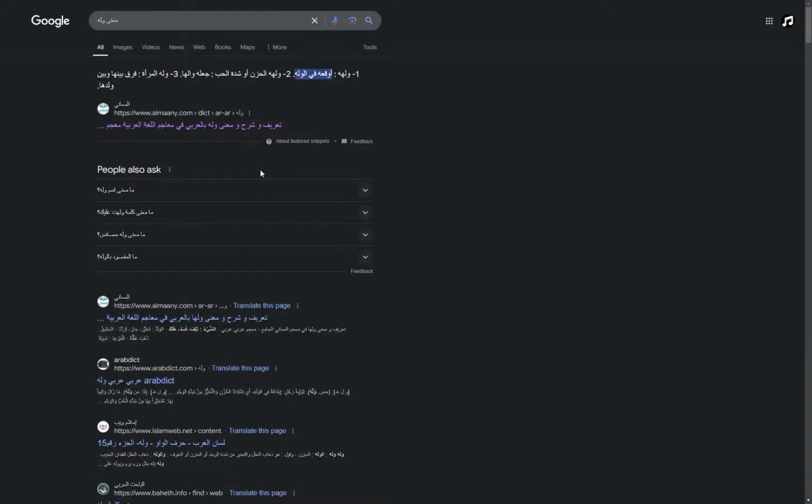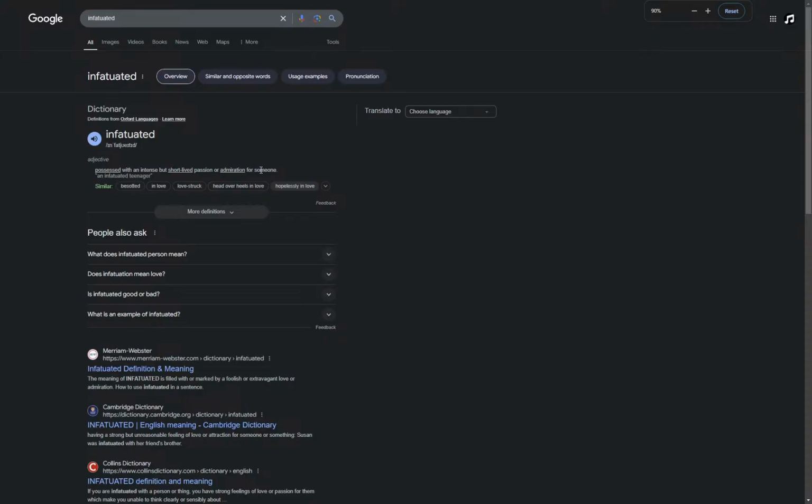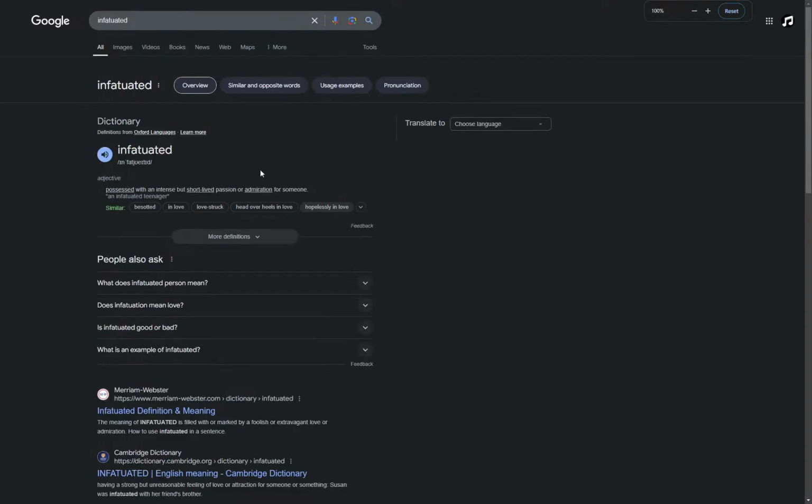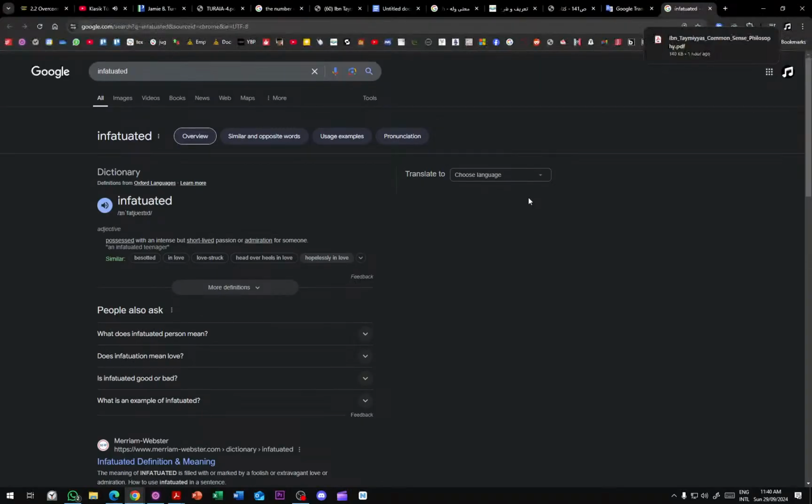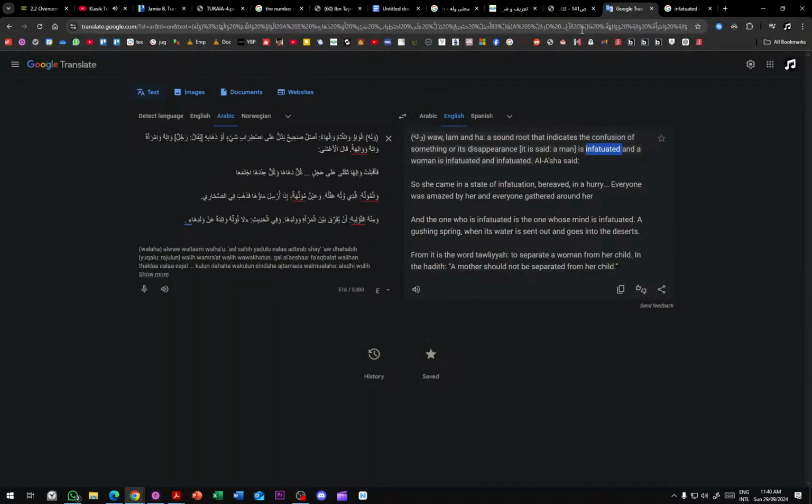Let's skip. And the woman is infatuated, so she came into a situation of infatuation, believed in her. Everyone was amazed by her and everyone gathered around her.